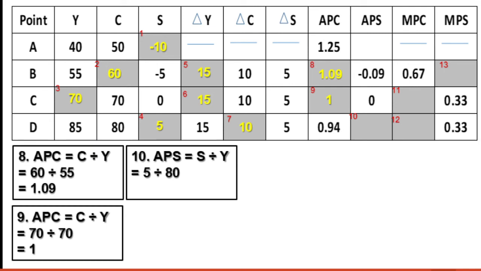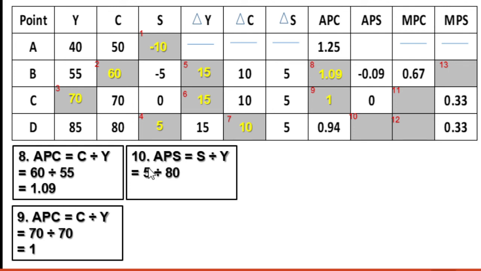Okay, so let me correct that. I have a typographical error for this one. Instead of 80, we will use 85 because our formula is S divided by Y. Sorry for this one. So we will be using 5 divided by 85.